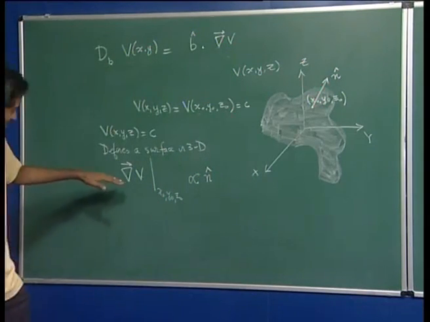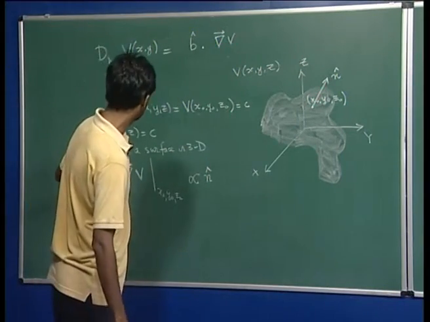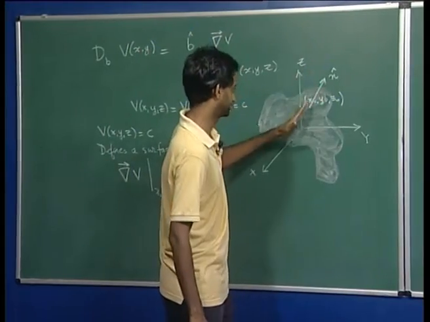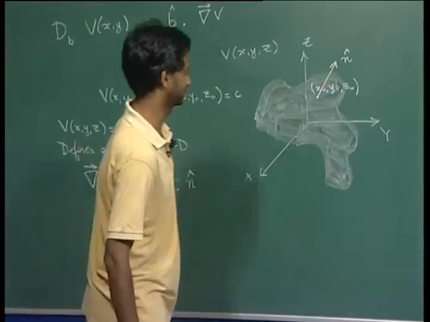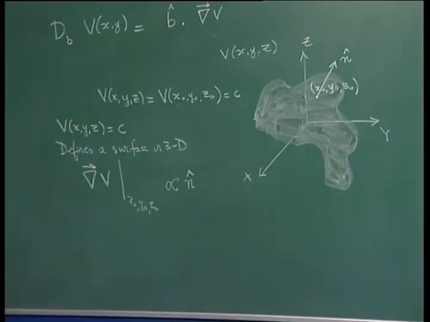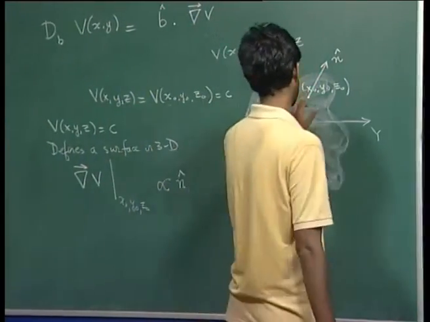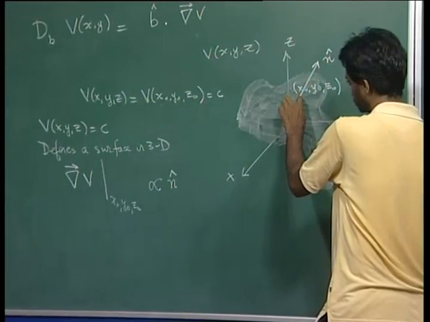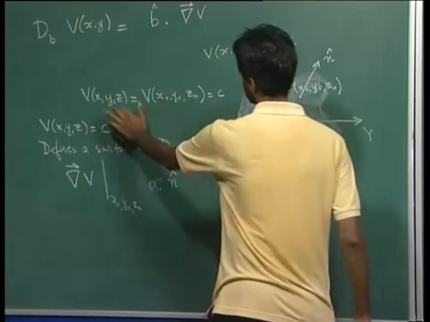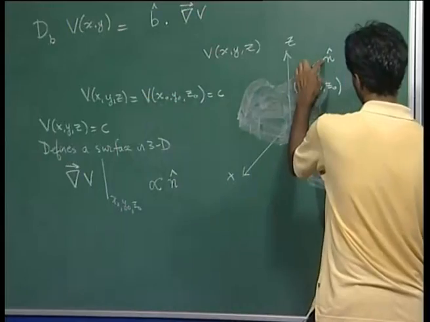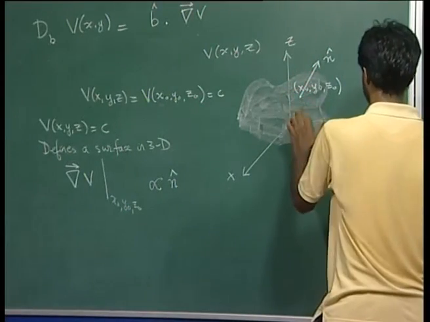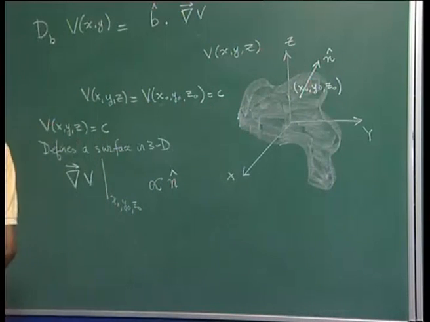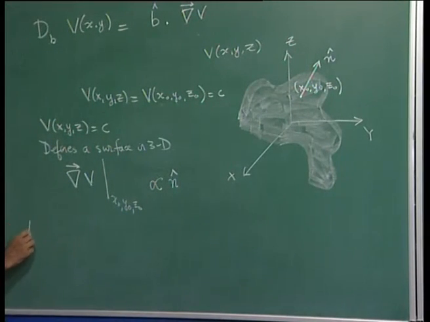In other words, the gradient is a vector, and the direction of the gradient vector is along this surface normal at this point. So, you might ask which direction does the gradient point, and you can immediately see that you look at this surface of constant V, draw a normal to the surface at this point, and this represents the direction of grad V.